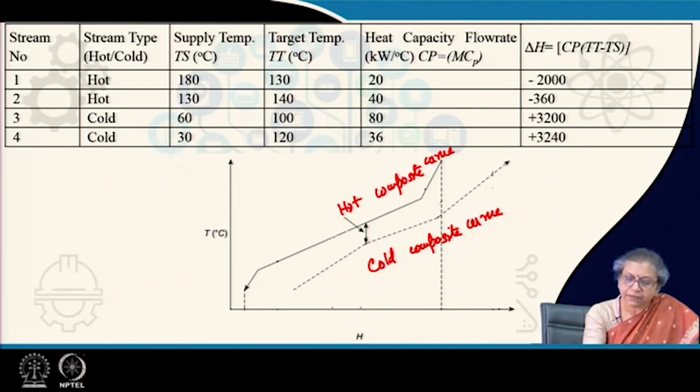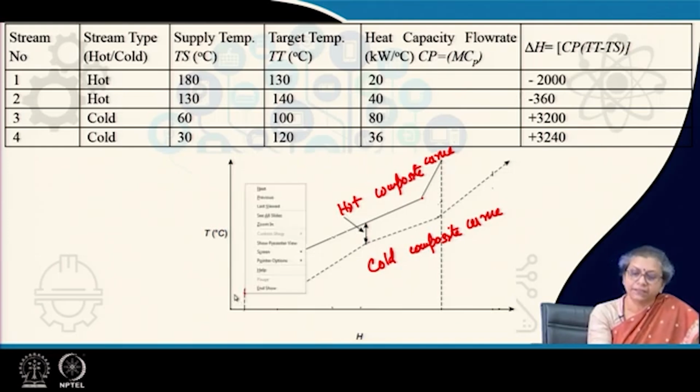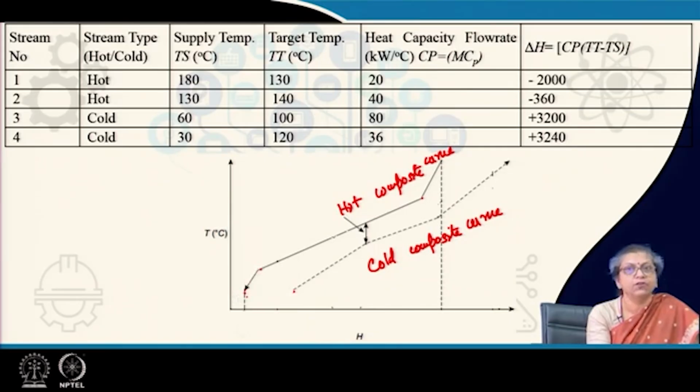So, therefore, these start and end temperatures are fixed. This delta H for each particular segment is fixed, but again the start of the two curves are independent of one another and they are not fixed.